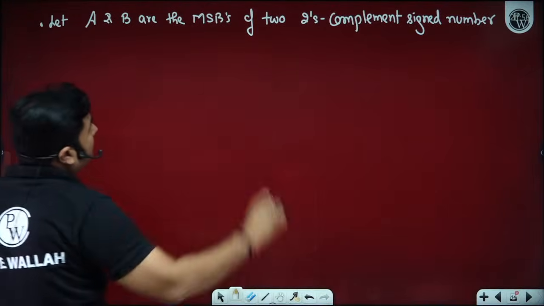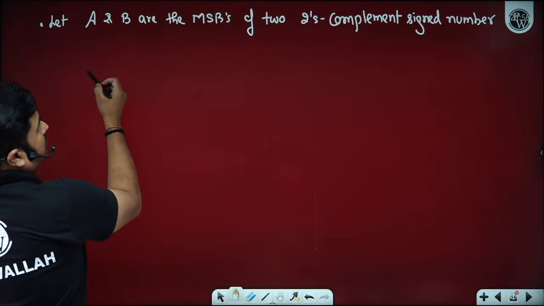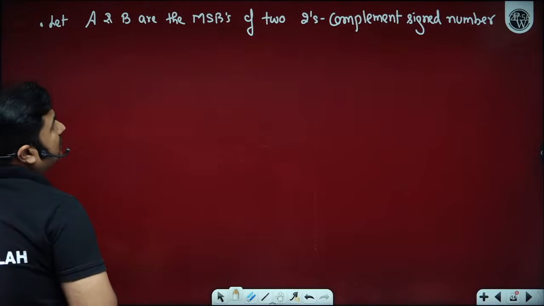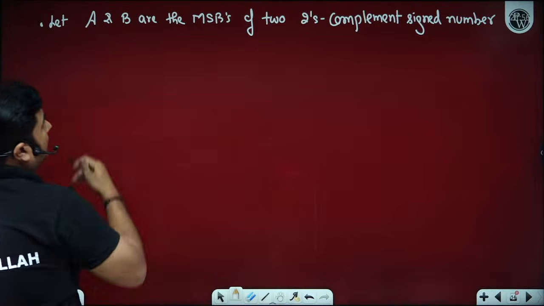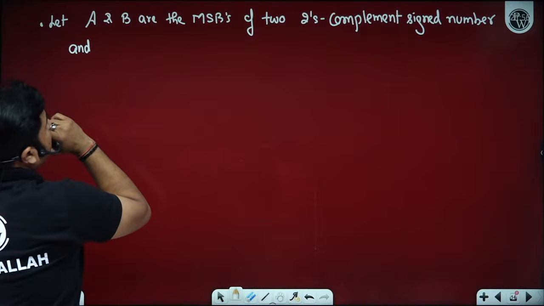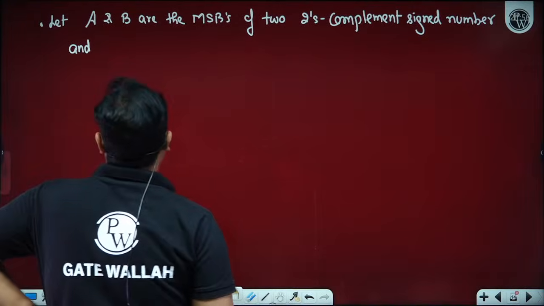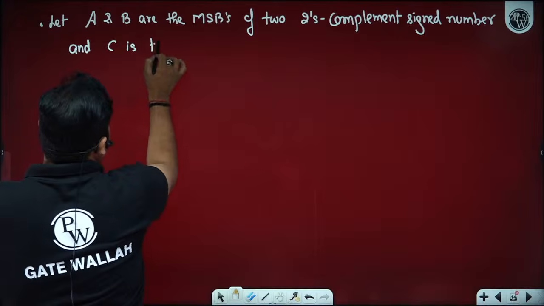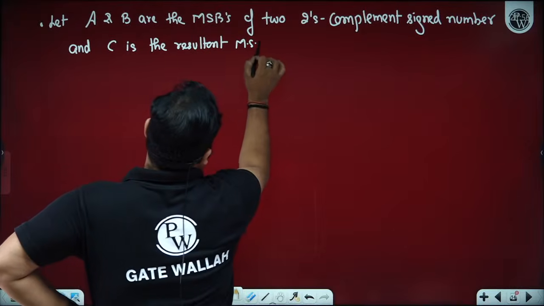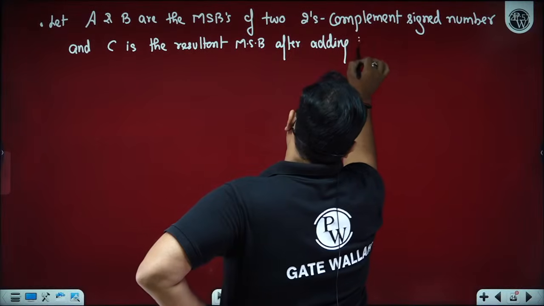Let A and B be the MSBs of 2's complement signed numbers, and C is the resultant MSB after adding the two numbers.